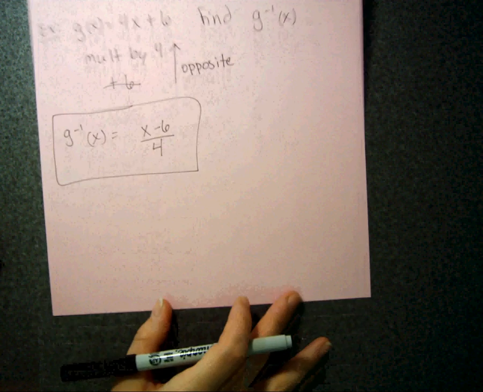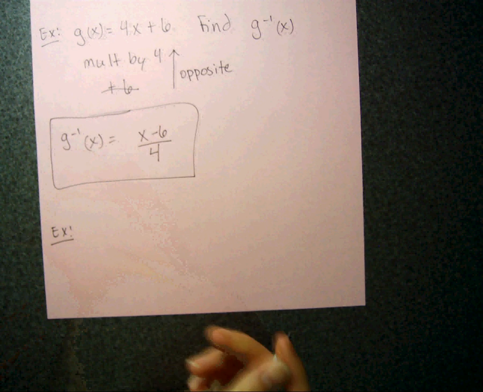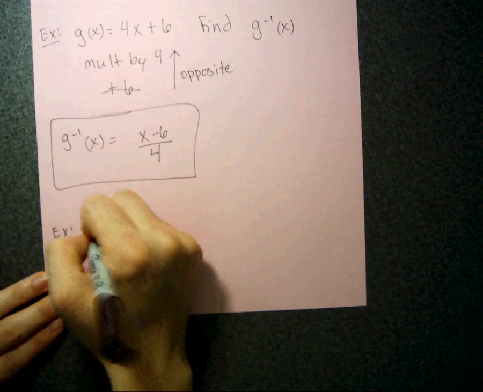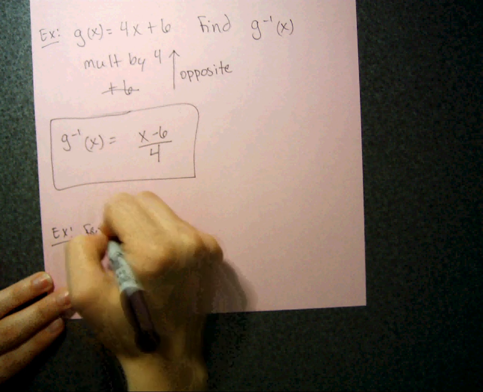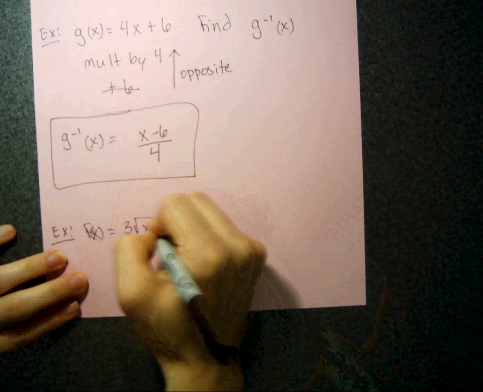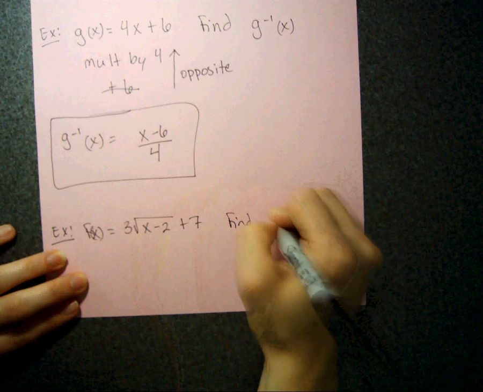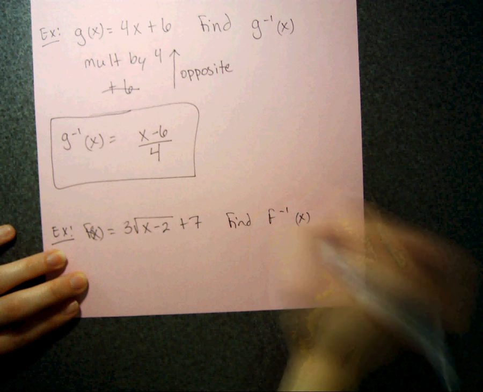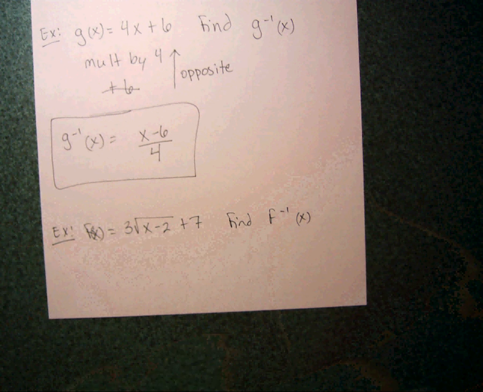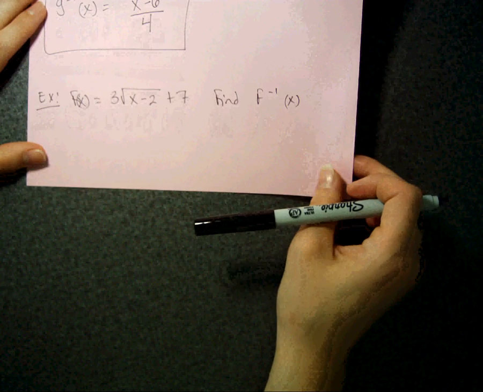Okay. All right, one more. Let's get a little crazier. So I have f of x equals 3 times the square root of x minus 2, plus 7.